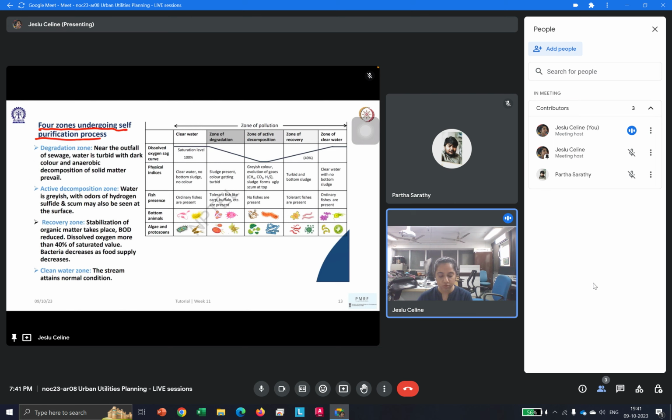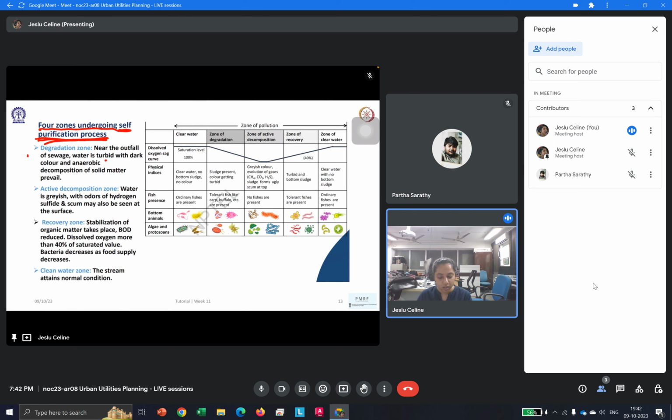You have the degradation zone, which is directly next to the outfall where the sewage comes through the pipes to undergo treatment. The water has maximum impurities at that time. We are assuming that there has been no treatment, and the water is going to undergo self purification only.